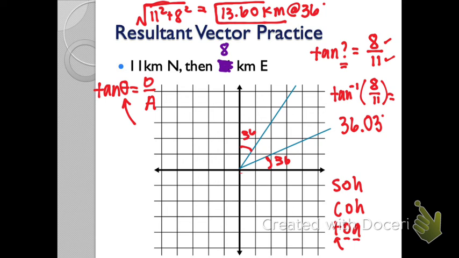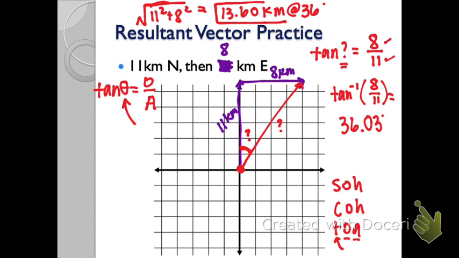We have to tell them which one it is. So I want you to go back and look at the triangle that we built. We've got to decide, are we 36 degrees north of east, or are we 36 degrees east of north? Those are our two options, right? North of east or east of north.